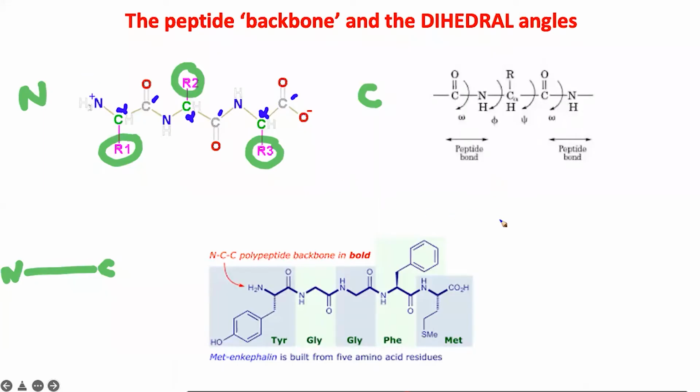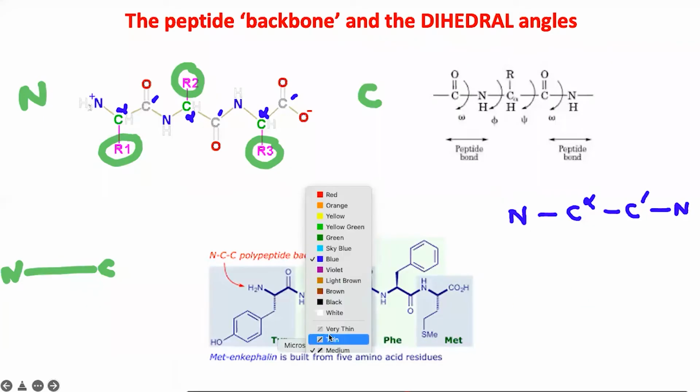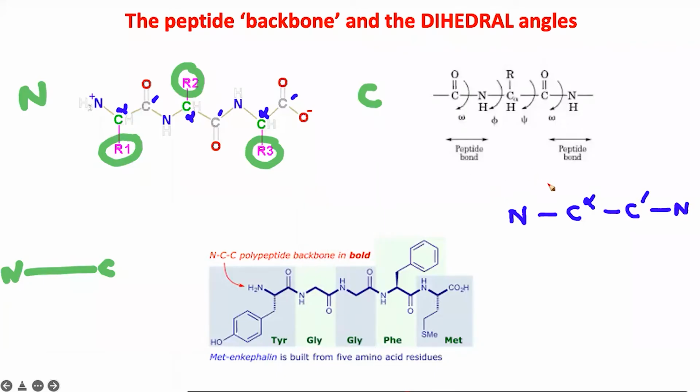I'll start writing this: N, C alpha, C prime, N. So this particular bond over here is called a phi bond. This particular bond over here, the rotation along this bond is called psi, and the rotation along this final bond is called omega.